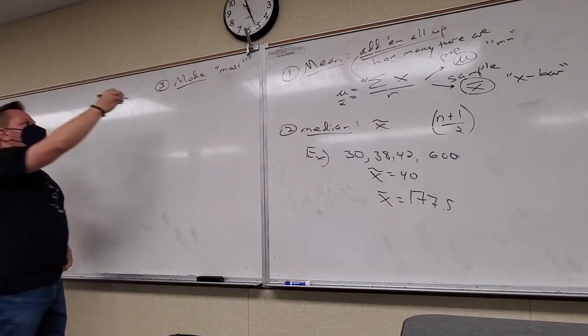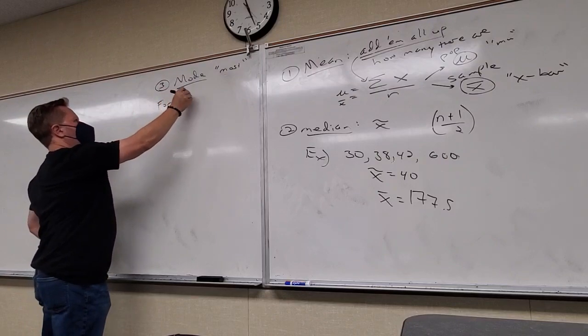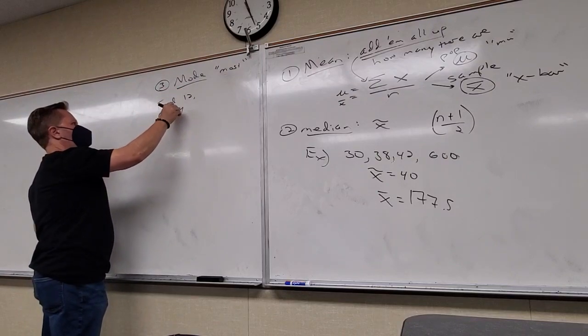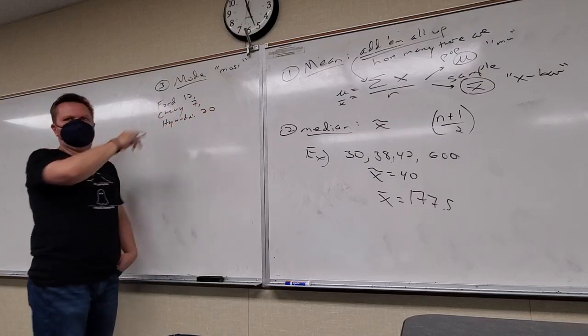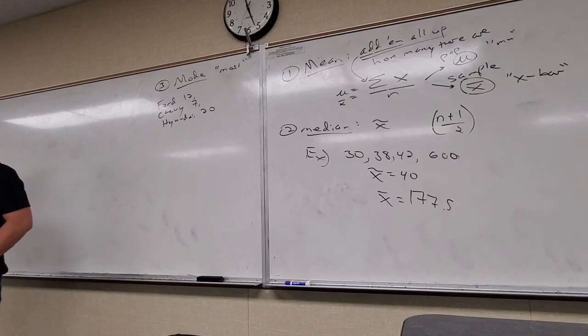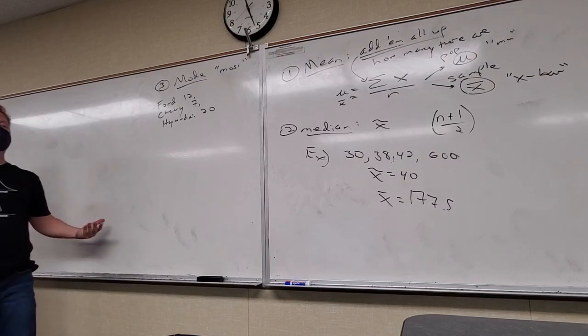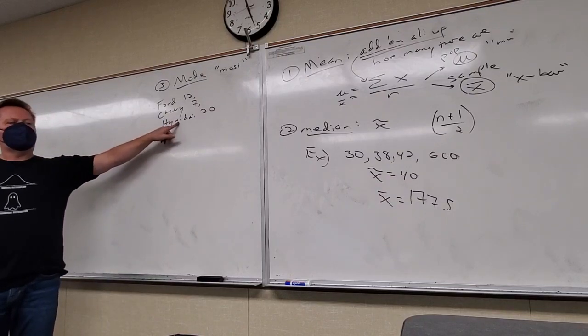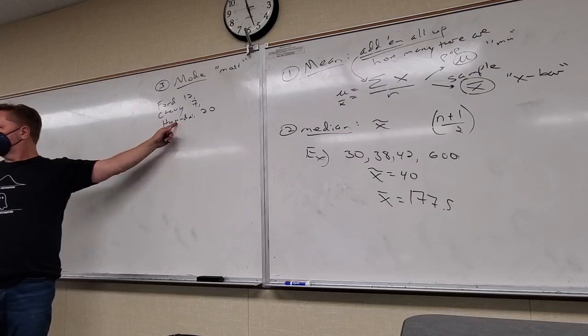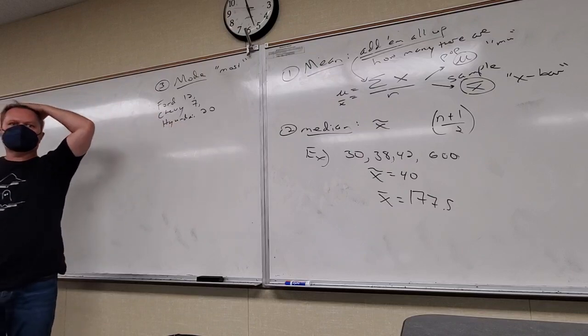If I go in the parking lot and I see 12 Fords, 7 Chevys, and 20 Hyundais, what's the modal type of car? What's the mode? Hyundai. It's the one that occurred the most. So it works with non-numerical data. Whatever occurs the most, that's the mode.